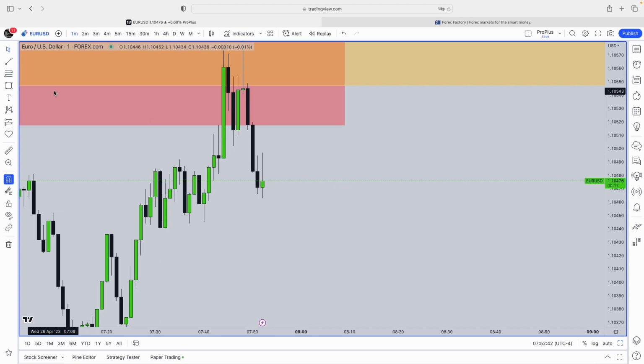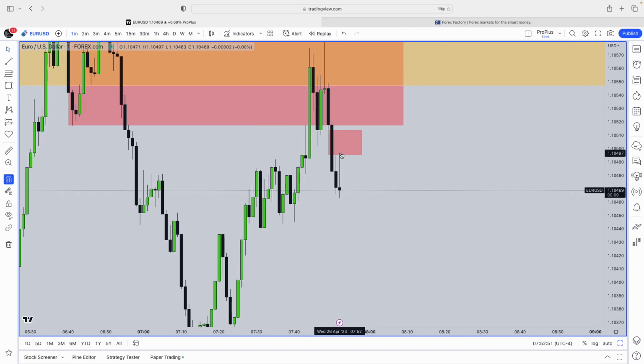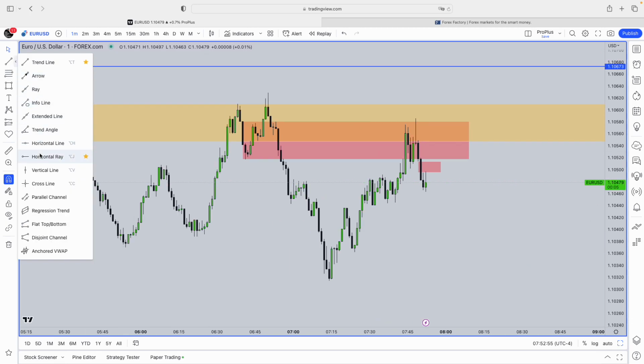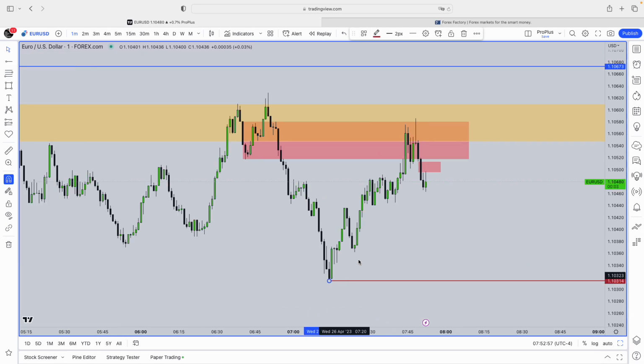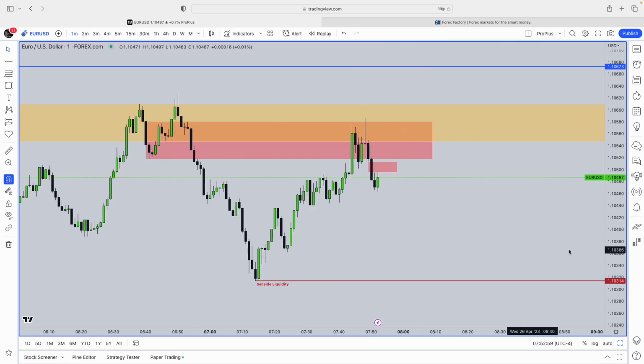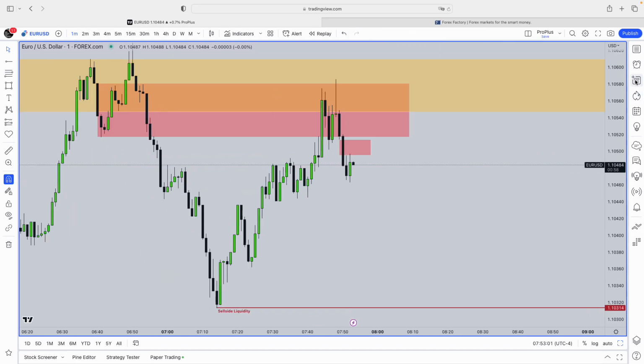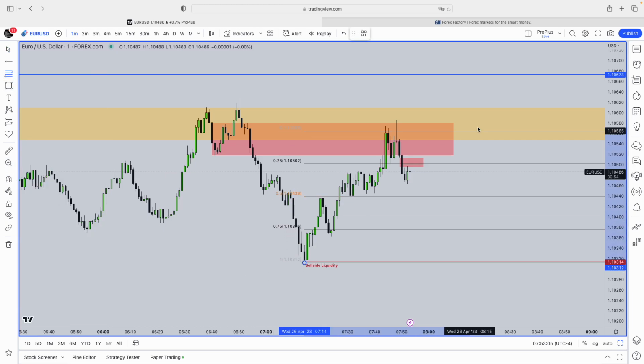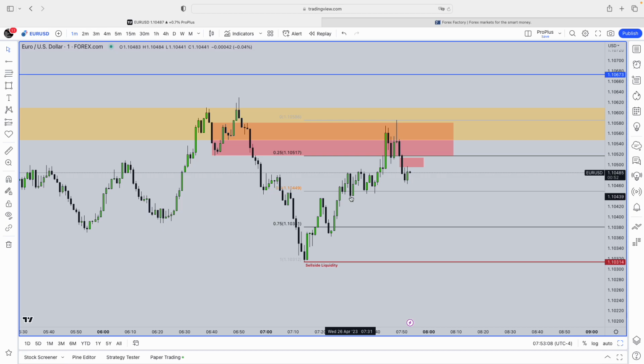So as we see here, price is now tapped into a fair value gap here. So that could potentially be an entry there. Where are we targeting? Targeting sell side down here. Also, if we find a discount, potentially these lows here as well, and maybe this inefficiency.